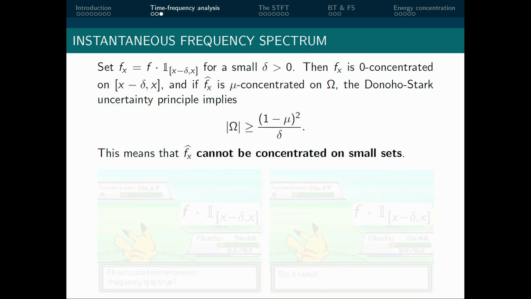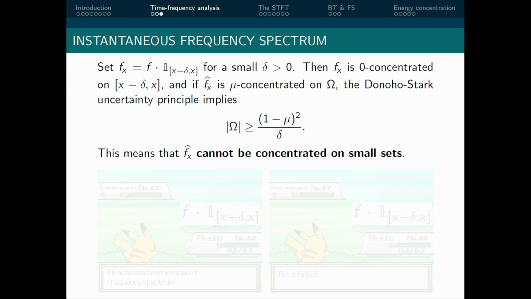If we apply this theorem to the situation that we had before, you want your function to be delta concentrated in time, and you want the frequency resolution to be very big as well. So let's say you can look at the function and the Fourier transform, and they give you a lot of information.